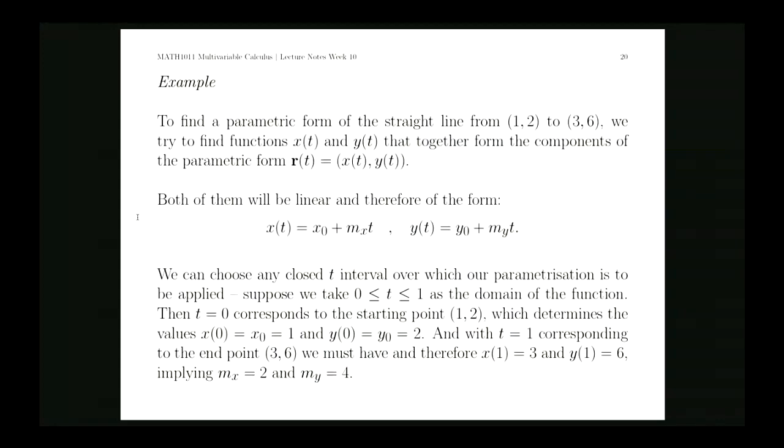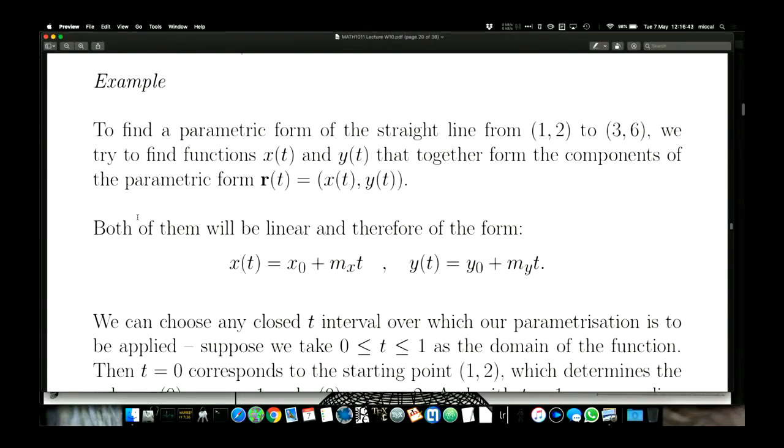Now, we're going to have to be able to come up with a suitable parameterization, so let's have a look at a simple example first. Let's say we've got a straight line that starts at the point (1, 2) and ends at the point (3, 6), and I want to find a parametric representation of this curve. The easiest way to do this is to force it to work easily.